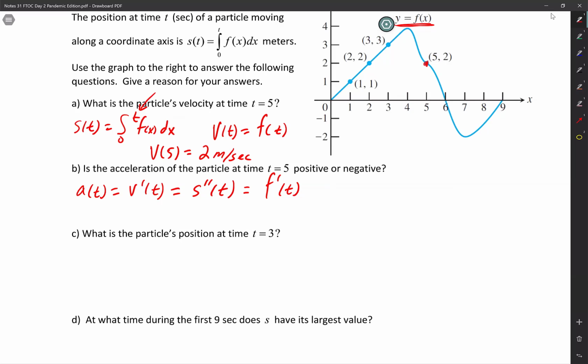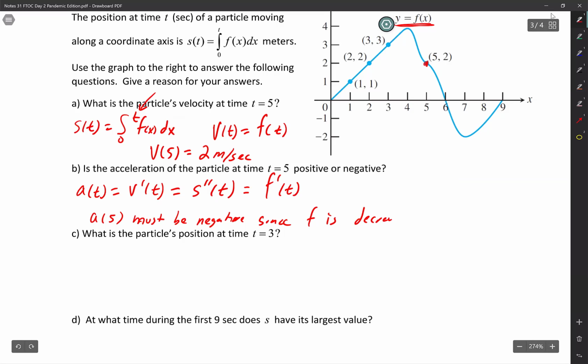Yeah, it's decreasing, guys. It's decreasing, so that means this is negative. A of 5 must be negative since f is decreasing at t equals 5.